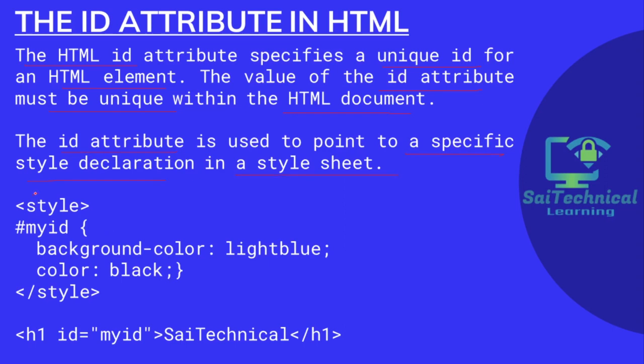So again we are using the head tag, and inside the head tag we are using style, and we have created an ID. The ID must start with a hash followed by the name of the ID, and the same properties we are assigning, that is background color and color. Now how to use that ID? The same way, the tag name followed by the attribute, that is ID equals the name of the ID, which we have used over here.